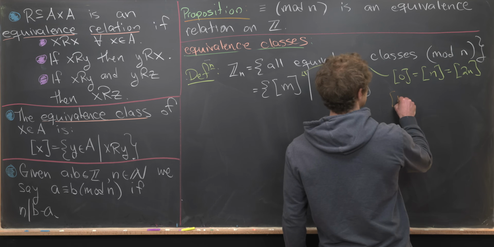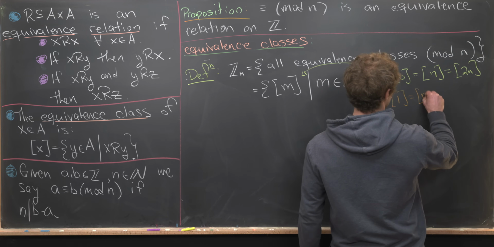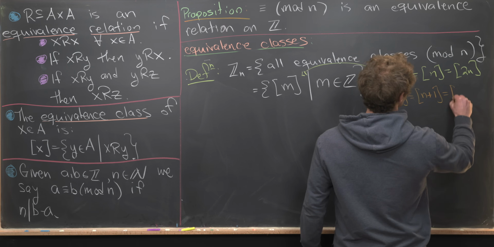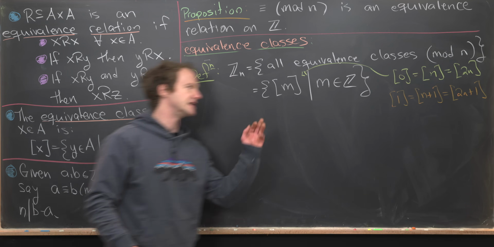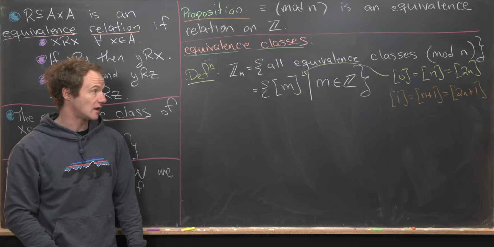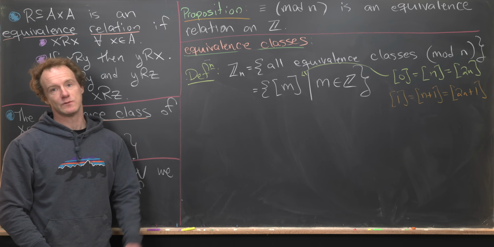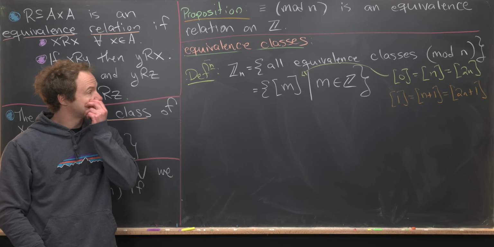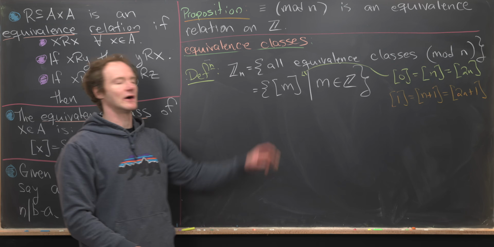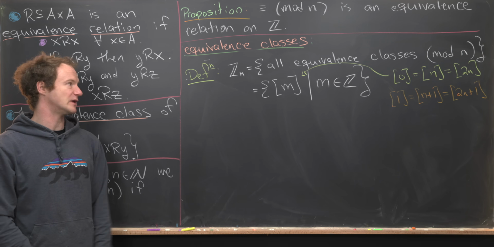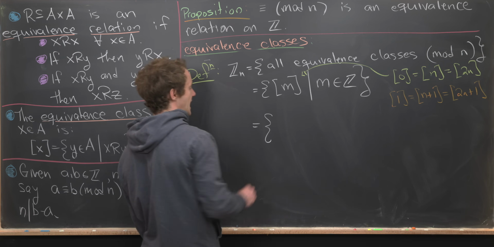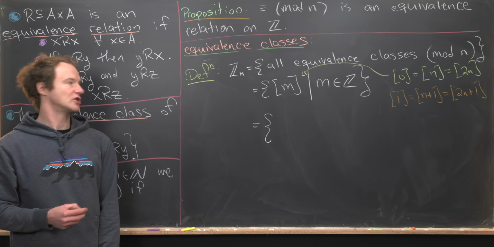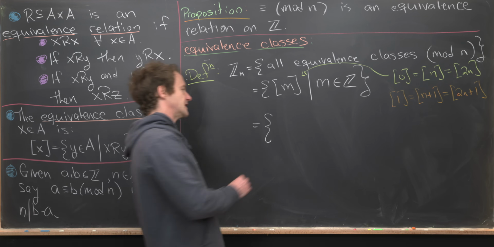Furthermore, the equivalence class of 1 is the same thing as the equivalence class of n plus 1, which is the same thing as the equivalence class of 2n plus 1, and so on, because those all have a remainder of 1 when divided by n. So as you can see, we've got some overcounting happening here, which is okay when defining the set, but it gives us some motivation that we can make a list description of this set Zn a little bit easier.